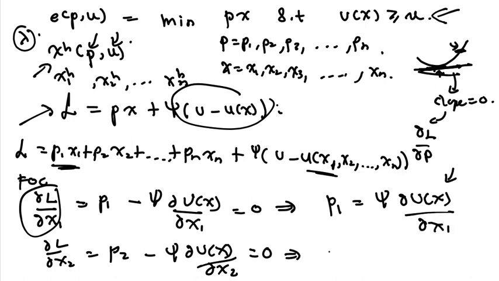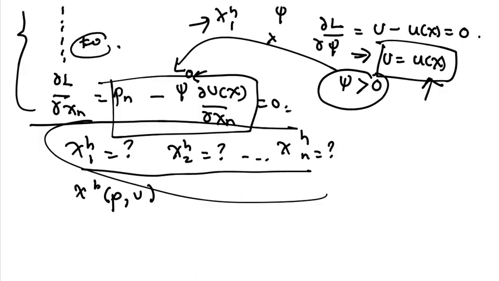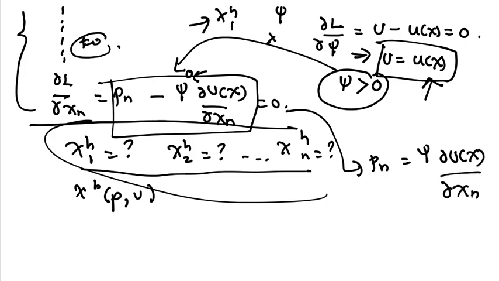This one can be rewritten as P2 equals C delta Ux over delta X2, and so on and so forth until the last one, which can be rewritten as Pn equals C delta Ux over delta Xn.